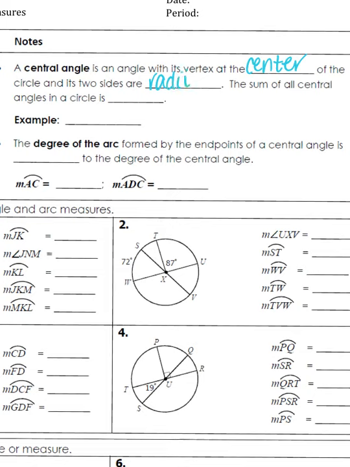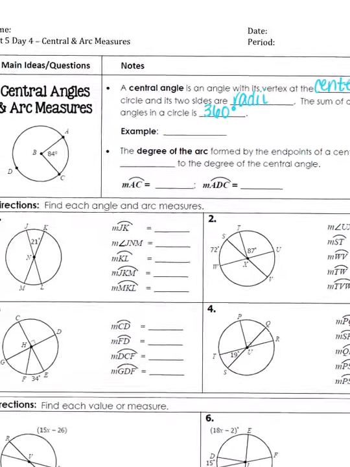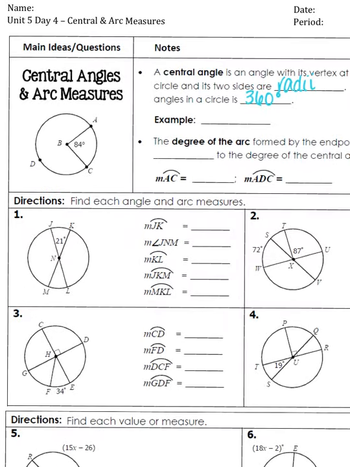The sum of all the central angles in a circle would be a full rotation around the circle, which is 360 degrees. Okay, so for example, in this circle, we have radius BA, we have radius BC, and B is the vertex of that angle, which is the center of the circle, okay?